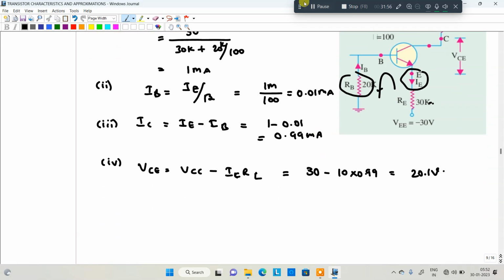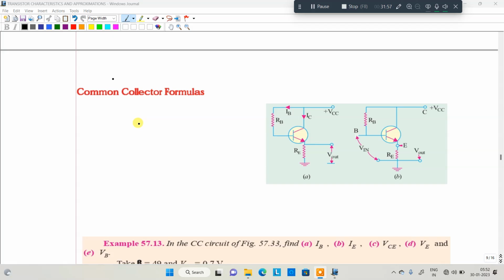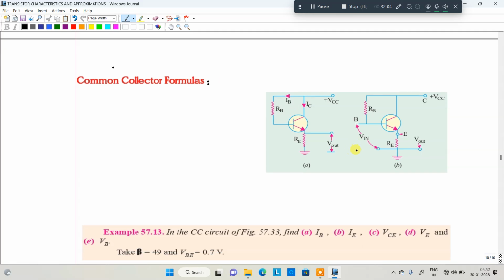So next we are moving to the common collector formulas. This is a circuit of common collector. The output is taken from here, the common collector, and this is the input. I will give the formulas directly.